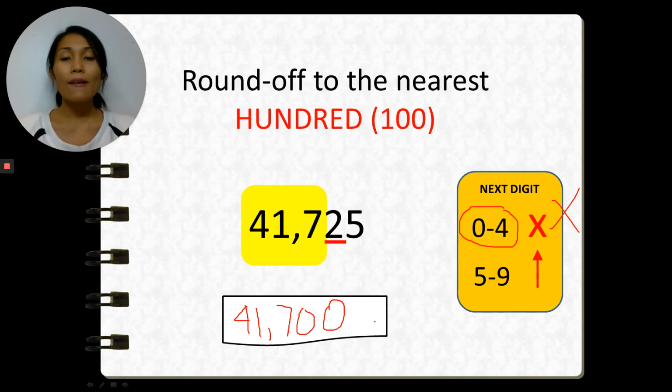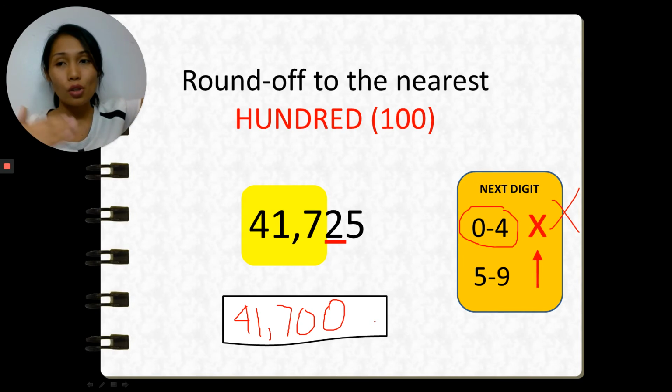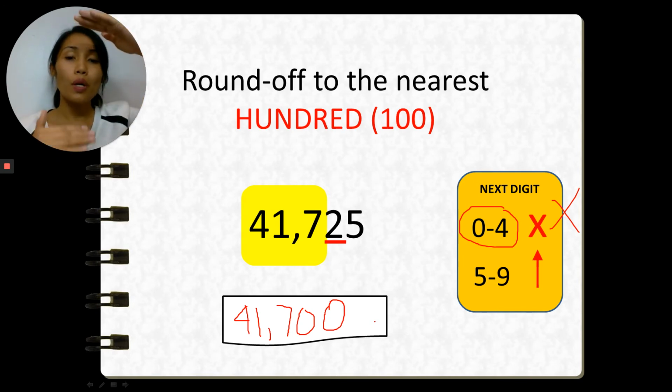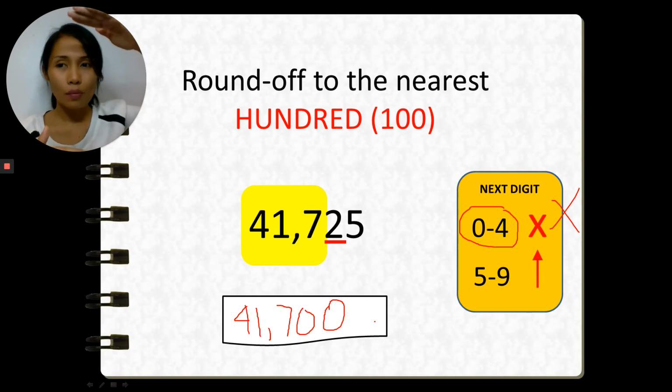Okay, that means 41,725 is closer to 41,700. So did we round up or did we round down? Of course, we rounded down, because 800 is too far from 725. So we better go down to 700 than to 800, because 800 is too far from the original number.